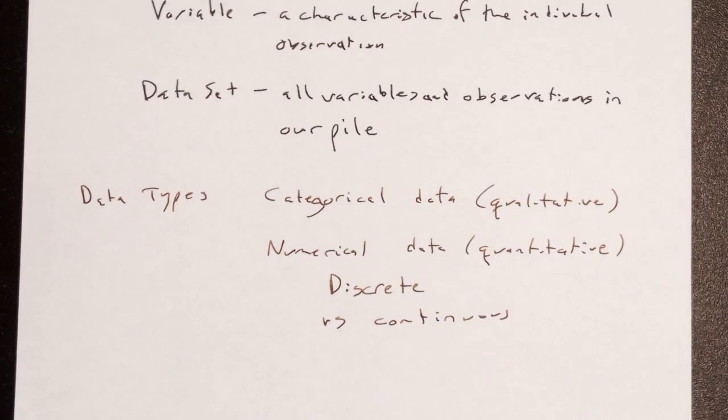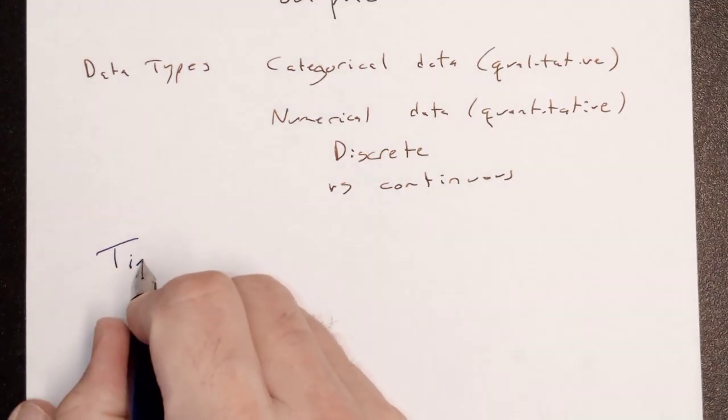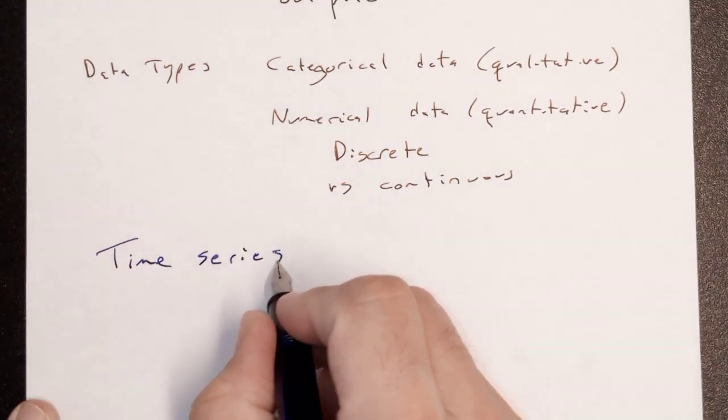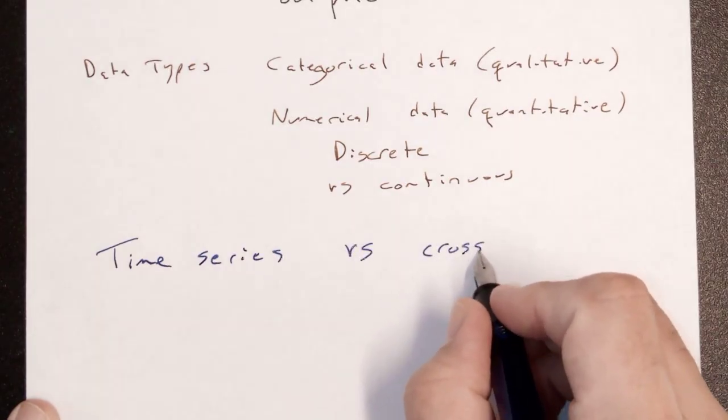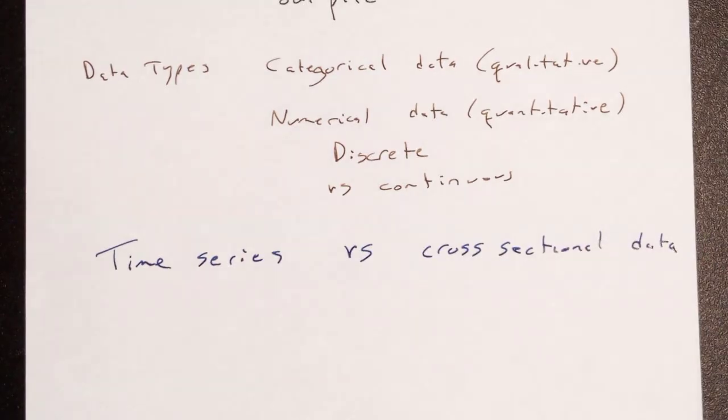Oh, wait, before I do that, I need one other piece about the type of data. Data that gets classified as a time series is data that is collected at a different point in time for each observation.